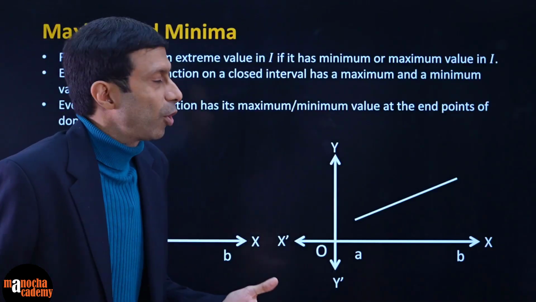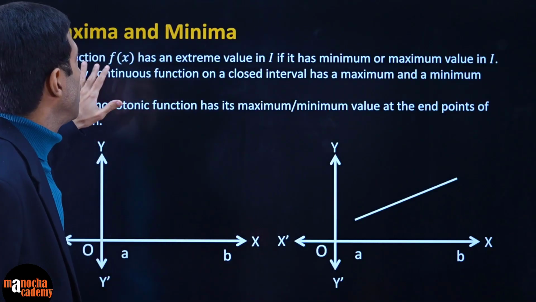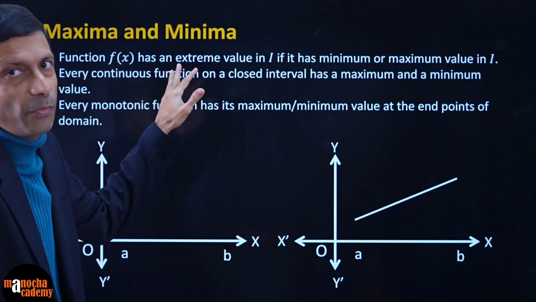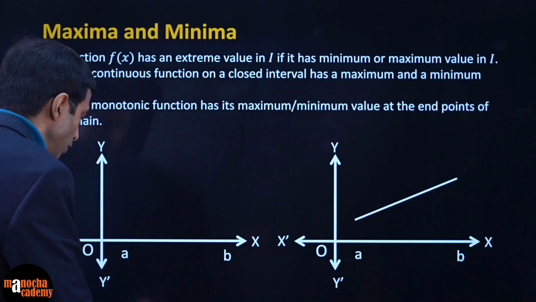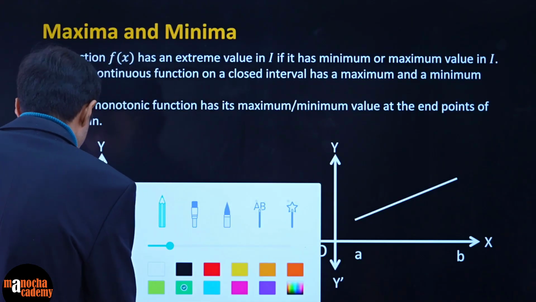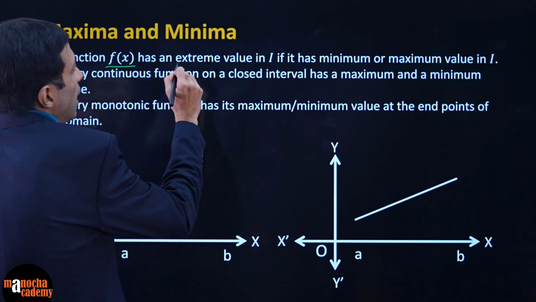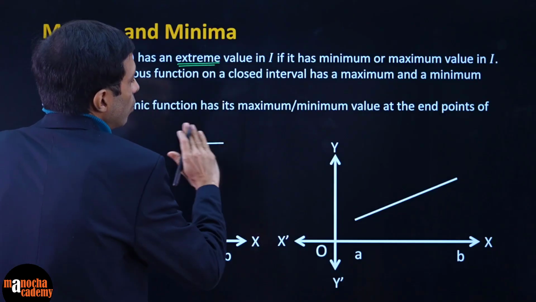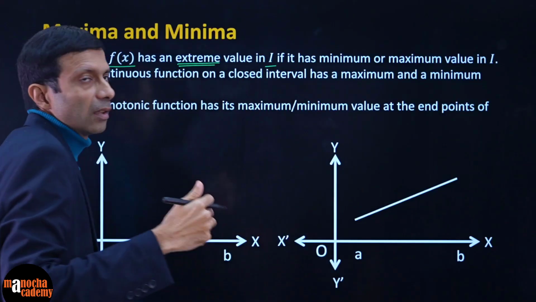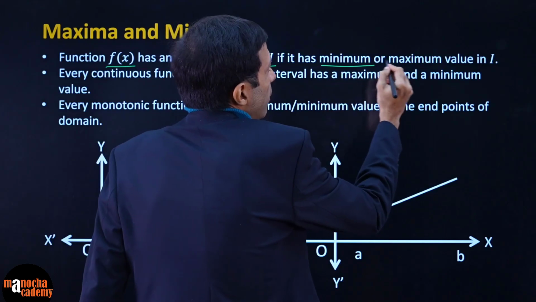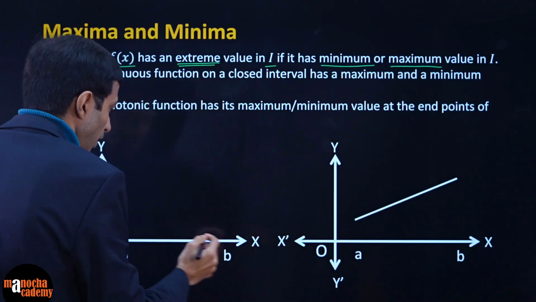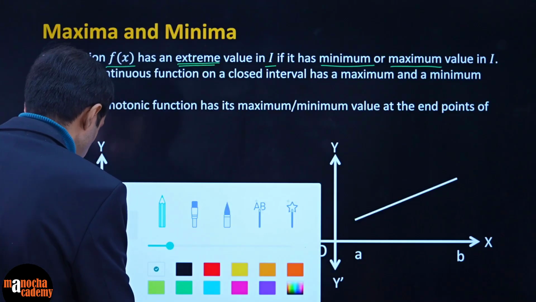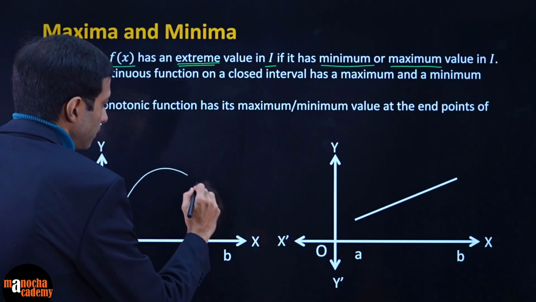So let's look at some important points that we talked about. Let's say a function has an extreme value in an interval. We always think in terms of a function; some function is given to you and they're saying it has some extreme value in that interval. That means it has either a minimum or a maximum. So in a certain interval a to b, maybe the function is like this.